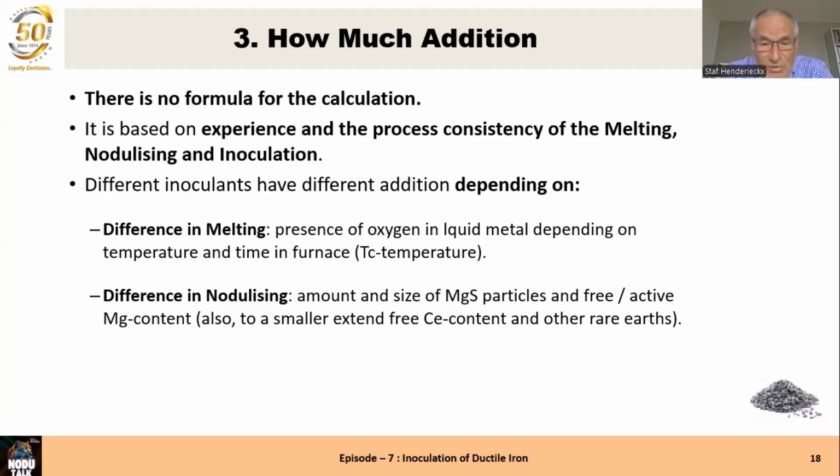And the magnesium sulfur is large sized or small sized. You have a lot or you have not. It's different each time you do it again and again. As we said, we should talk about the active magnesium content, as we have seen before. It's the magnesium content from your spectrometer minus 0.75 times the sulfur content. And that's the active magnesium which is ready for doing extra, let's say, binding of sulfur or whatever.